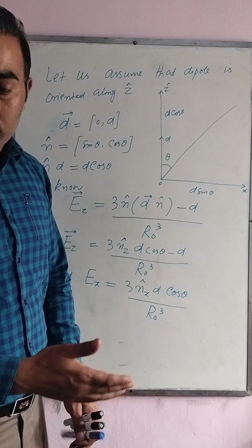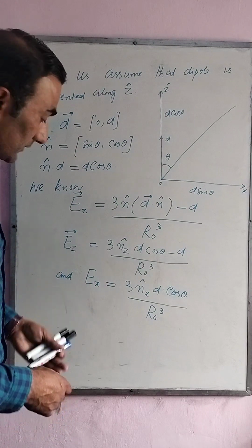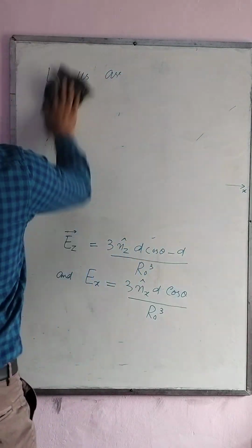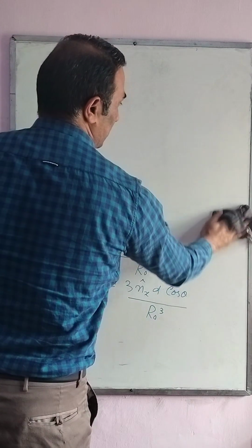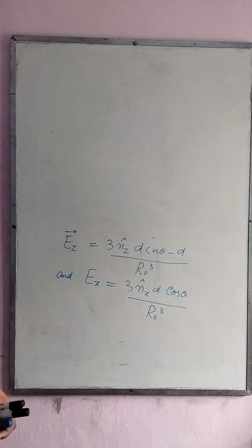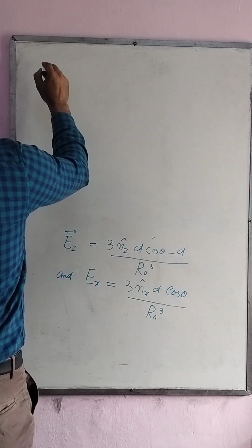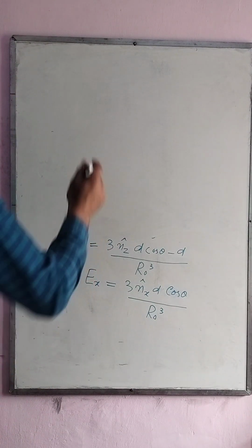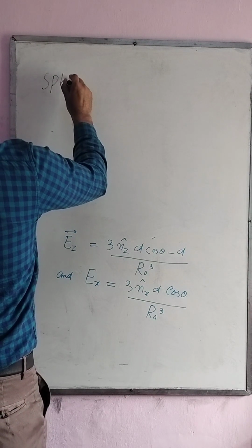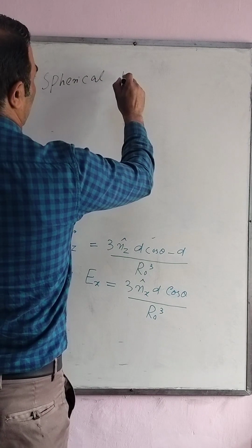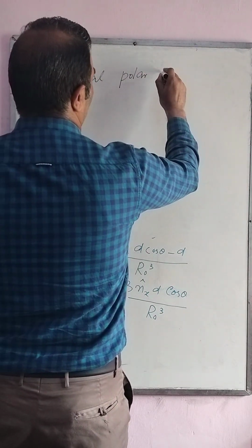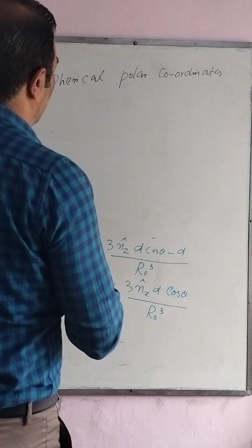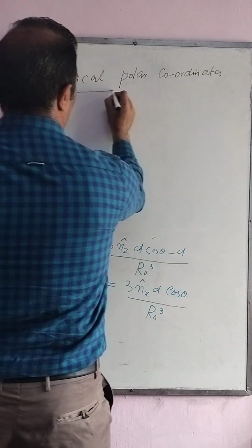And similarly, if you want to check in spherical polar coordinates, if you want to calculate this in spherical polar coordinates, so what does electric field intensity mean?